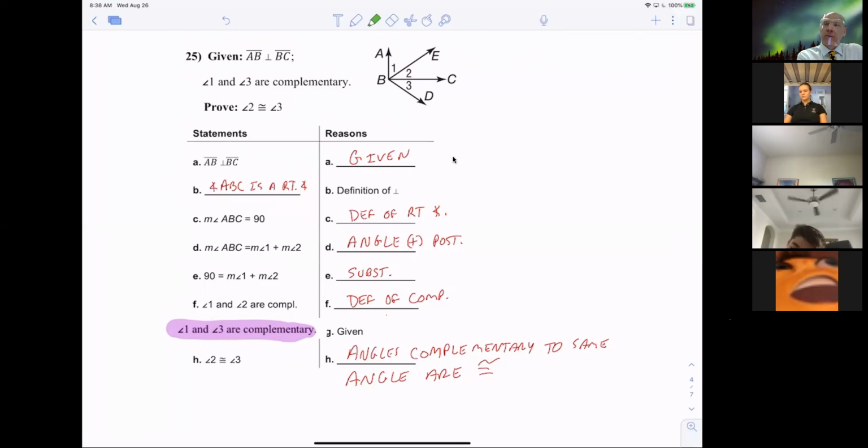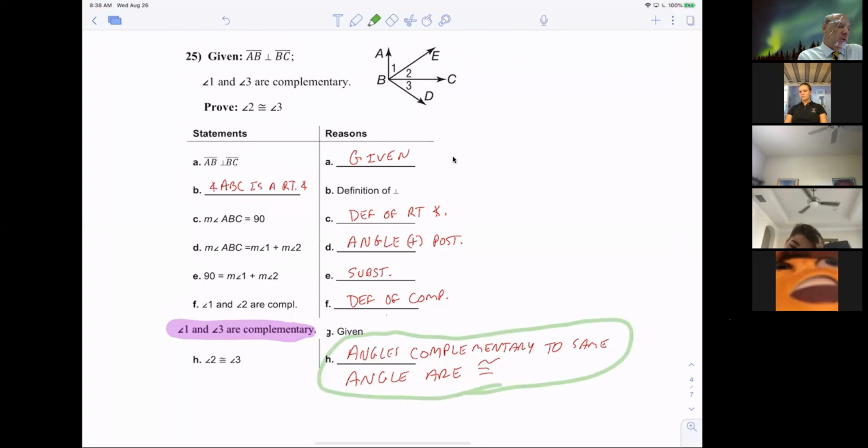Right angles. And here we are again down here. Angles complementary to the same angle are congruent. There's other ways of doing that too. Again, remember, I have to follow your logic on your test. If you have it a little bit different, I'm okay. That's why sometimes I prefer not to have them listed out for me. I prefer to do it myself.